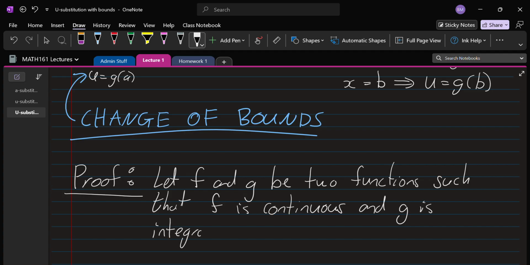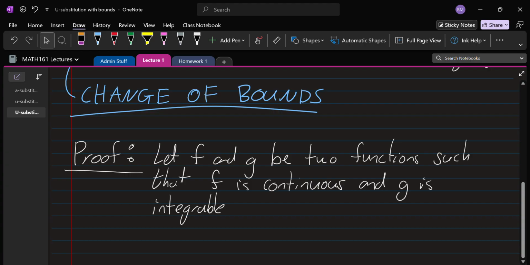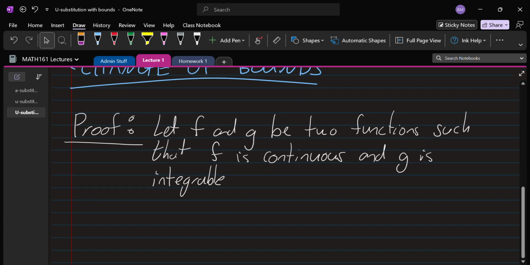Good. And g is integrable. Quick show of hands, who forgot what integrable means? So everyone knows. You don't know. Okay, go back to last year's notes, the section on Riemann integrability. Please recap that.